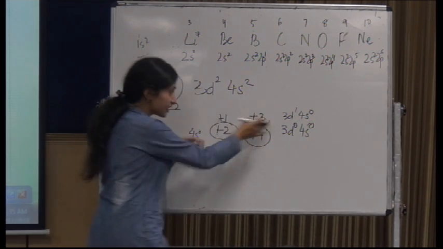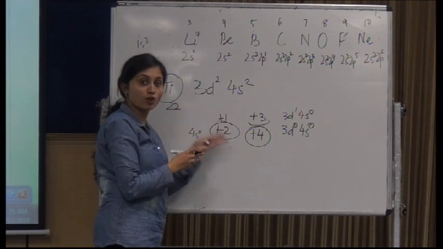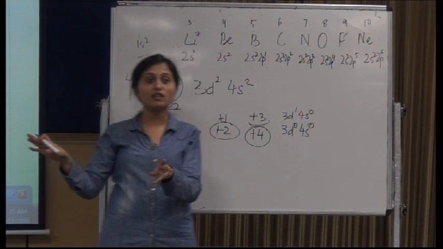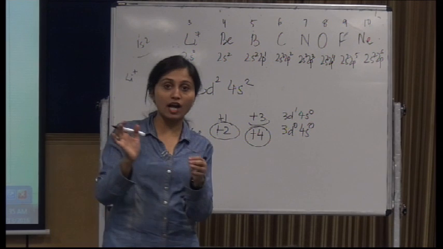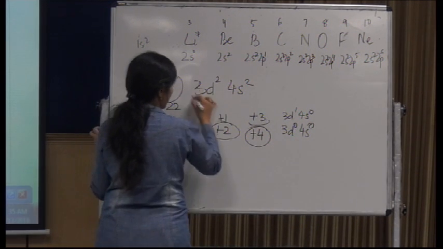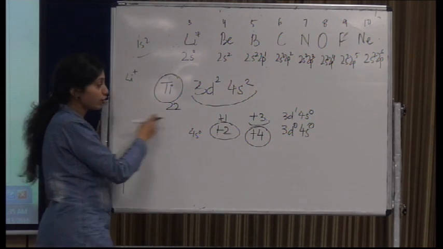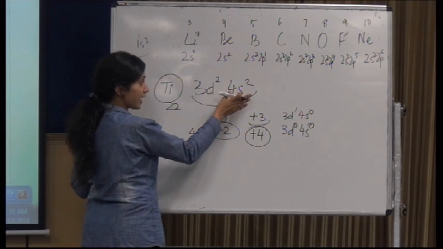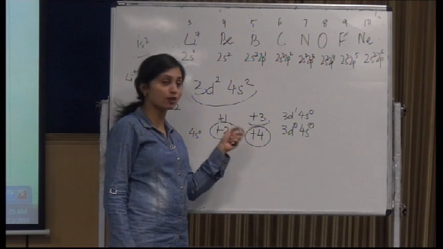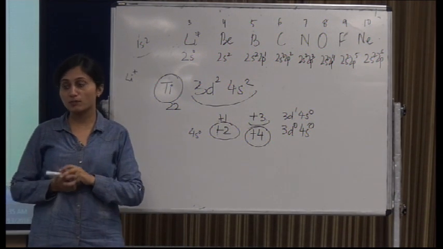So the tendency to show variable oxidation states comes from the knowledge of your electronic configurations only, because our idea is to get the valence shell, the outermost shell, completely filled. When it loses all 4 electrons it will attain a noble gas configuration. So here it loses +4, and +1, +2, +3 are also other oxidation states which are possible. So that is why transition elements have this tendency.